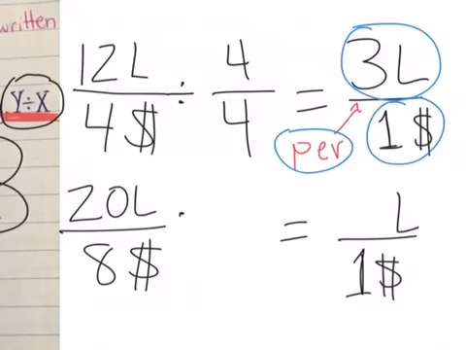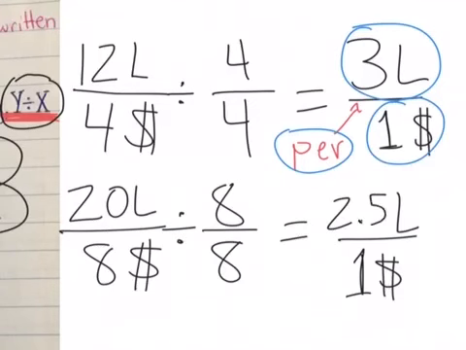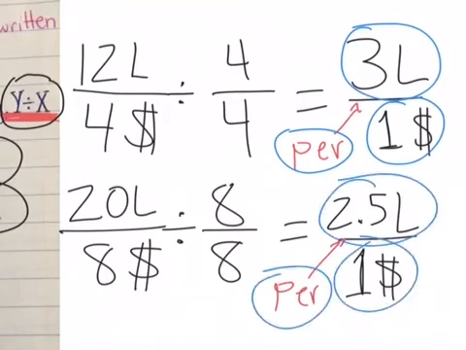So let's divide 8 on the bottom, and whatever you do to the bottom, you have to do to the top. So like we said a moment ago, 20 divided by 8 is 2.5. And if we know that this little fraction bar is per, we have 2.5 liters per $1.